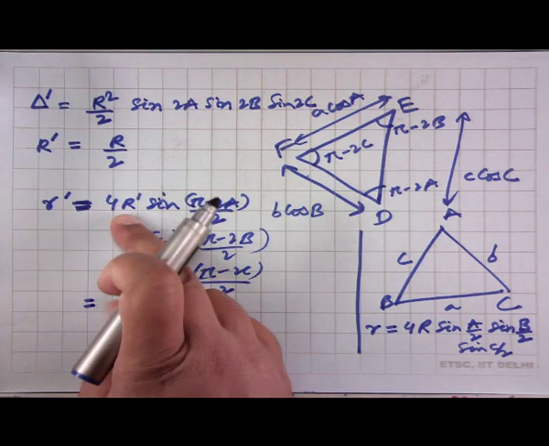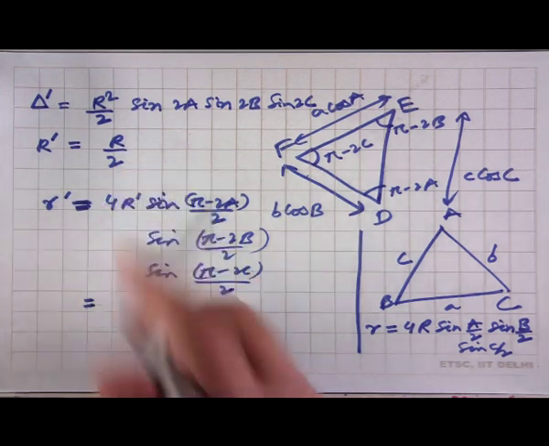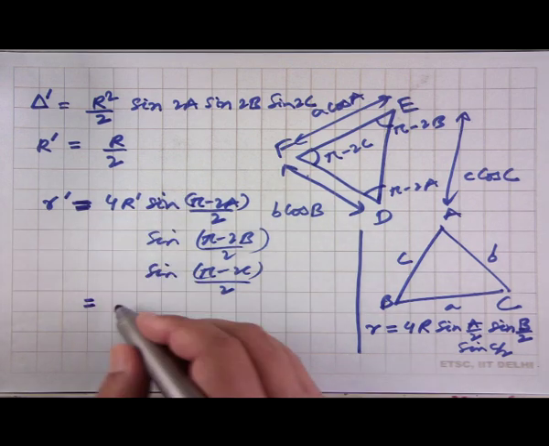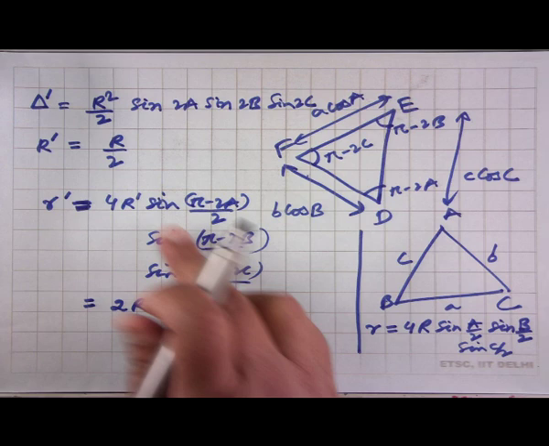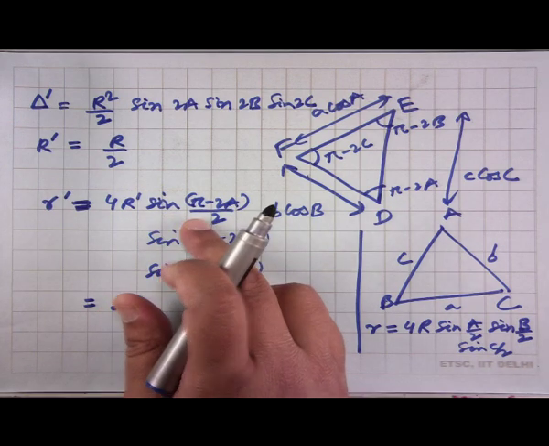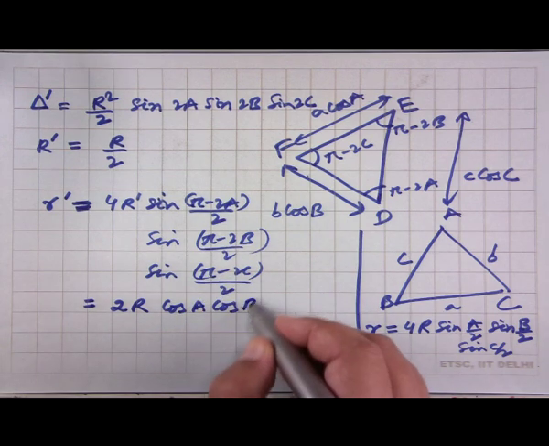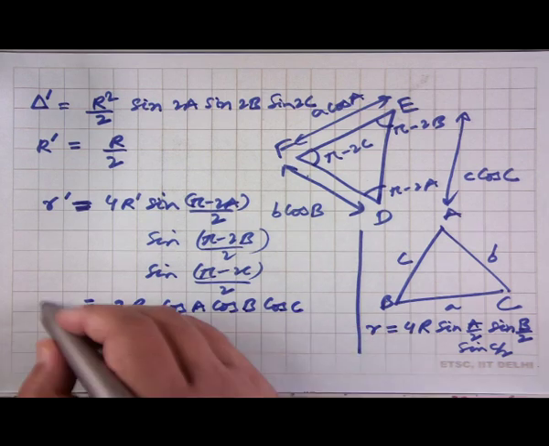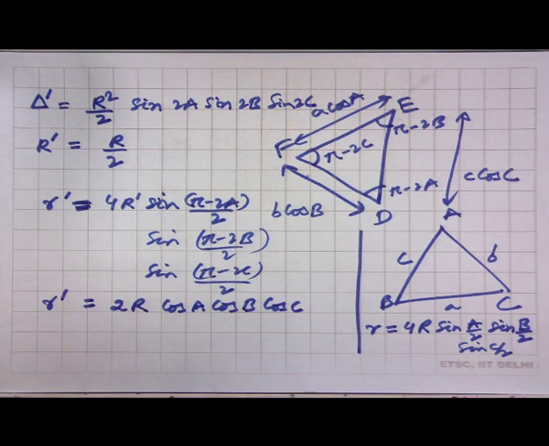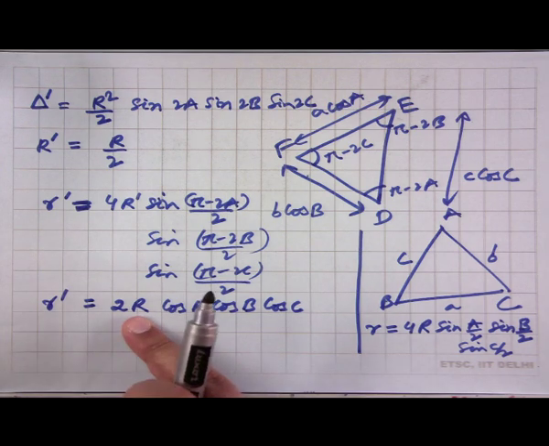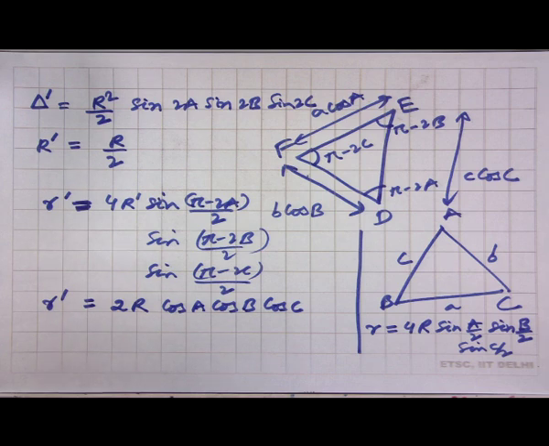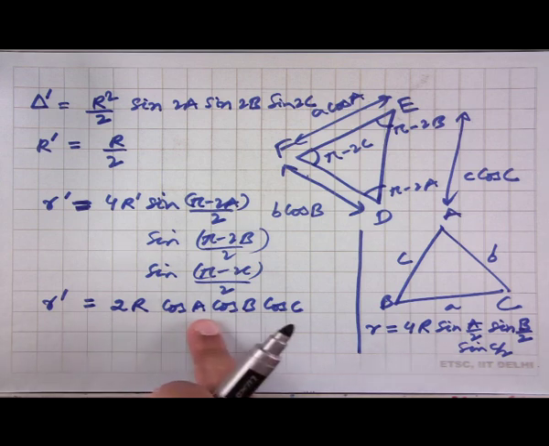But R prime is R over 2. So we use that, and we get 4R prime equal to 2R, and this of course becomes cos A times cos B times cos C. So, the inradius of the pedal triangle is twice the circumradius of the triangle ABC times the product of the cosines of the angles of the triangle ABC.